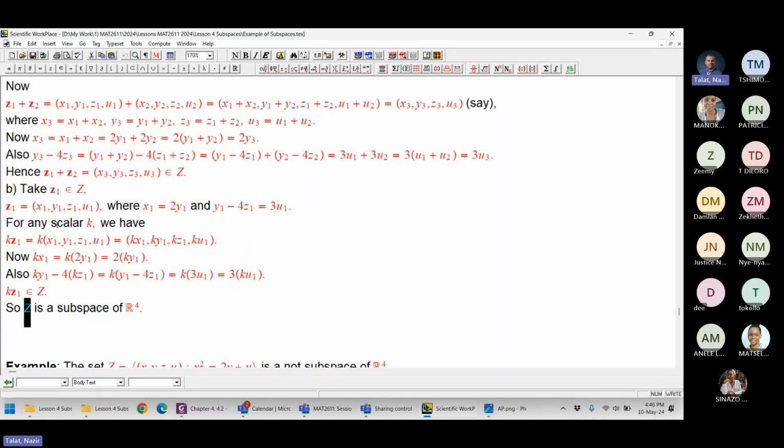But it is important to first make sure it is a subset of some set which is a vector space. If we know its superset is a vector space, then we only need to check these two conditions, and if they are satisfied, this set becomes a vector space, and we call it a subspace of its superset.